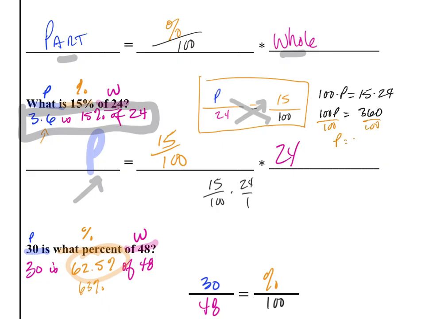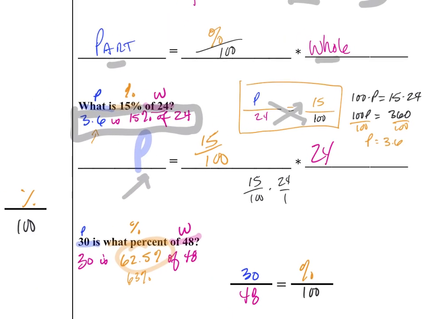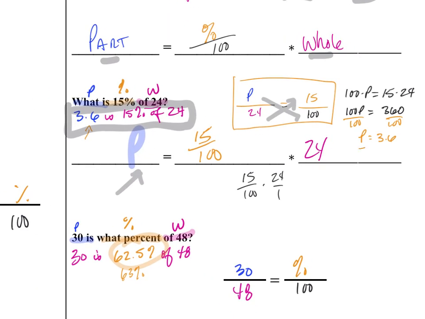It means the part equals 3.6. Then I remember that I'm finding the part, and that's over here. I rewrite my answer, I just fill in what is, and that what is the part: 3.6 is 15% of 24.